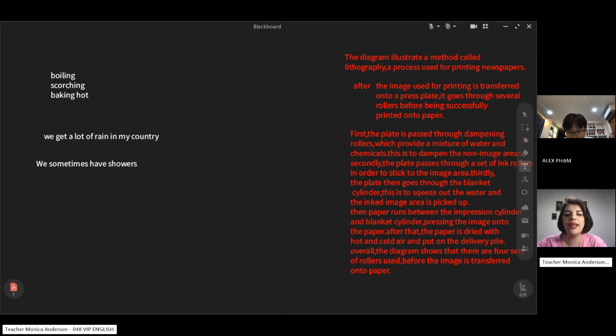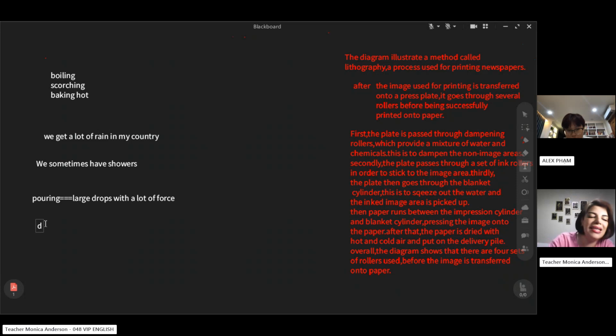The first one, when it's pouring, large drops with a lot of force, like a heavy rain, large drops falling with a lot of force.